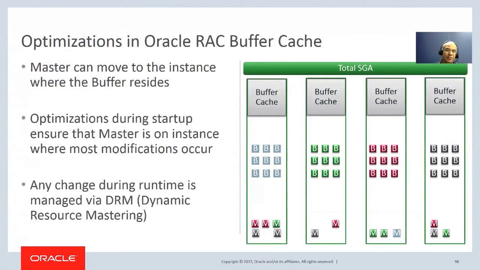Then where does the master go? And if node 2 accesses it a little more often than node 3? Again, these are internal implementation details. But it's very important to know that Cache Fusion tries to move the mastership of the blocks as close as possible to the block itself, so we don't have to incur the cost of sending an additional message to another node.